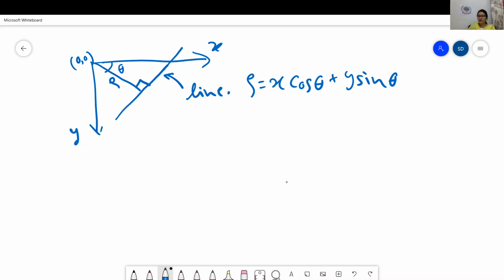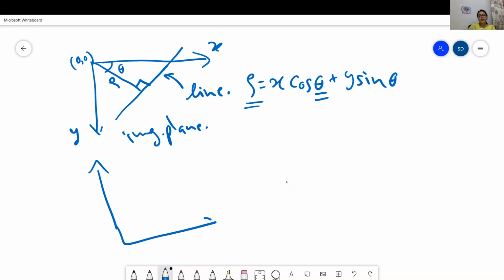Every point can have infinite lines that go through it, and this rho theta will uniquely define that particular line in the image plane. So this is the image plane. And what we need to map now is rho versus theta, instead of m versus c as in the previous case.